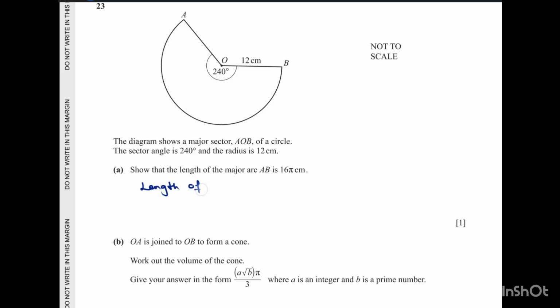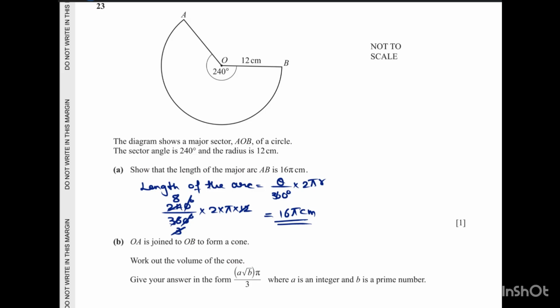Theta is 240 here, 360 as it is, 2 into pi into radius 12. 0 gets cancelled, 12 3s are 36, 3 8s are 24, so 8 twos are 16, which is 16 pi. So you got the answer, 16 pi centimeters.